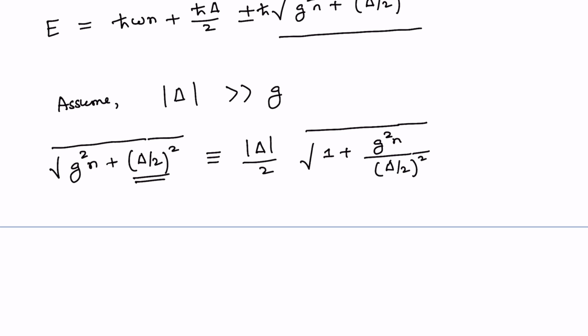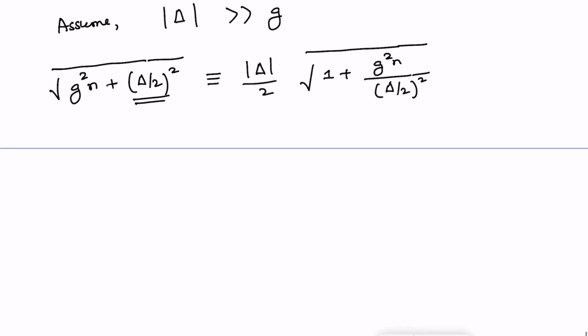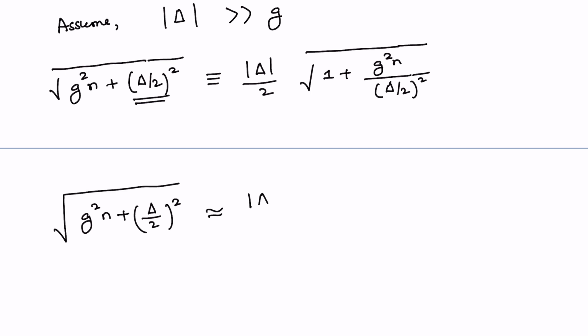Let me write this more clearly. The square root of g square n plus (delta by 2) whole square is equal to mod delta by 2 times the square root term, which I can expand into a Taylor series, a binomial expansion.